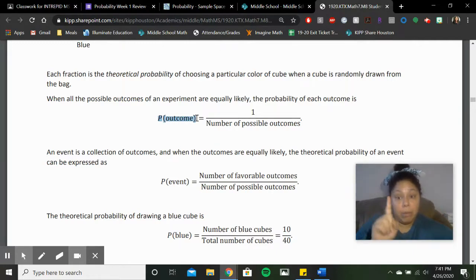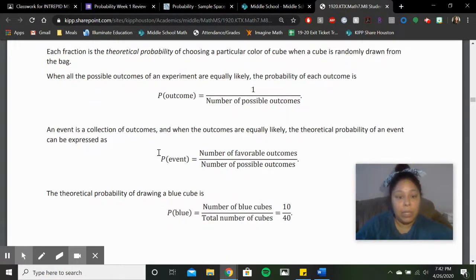So an outcome, remember, is one time, and when an experiment is equally likely, that means that it's going to be 1 over the number of possible outcomes, so 40 cubes. Because the probability of picking any of the cubes is 1 out of the 40.